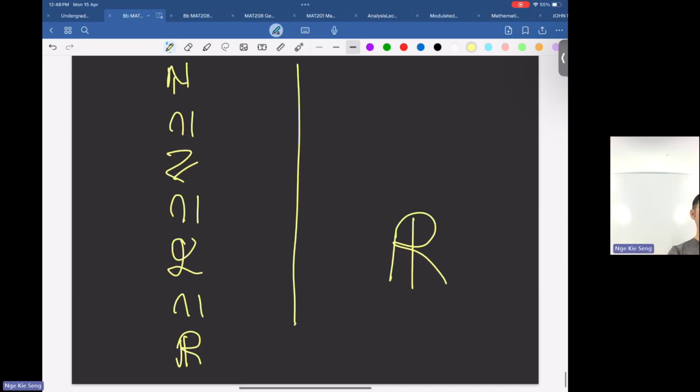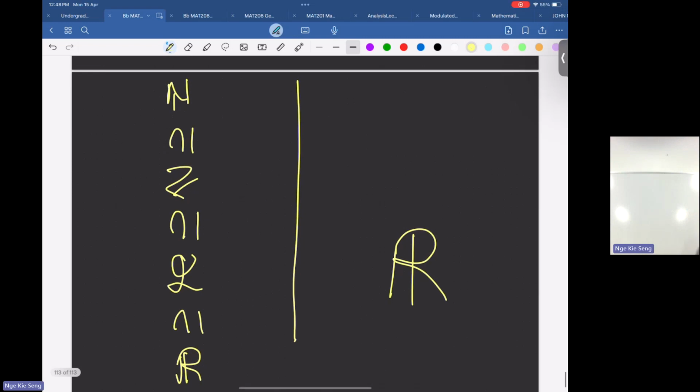Okay, so there are two ways to go about this. One way is we can take the Peano axioms, and then we put in group structure, addition, multiplication. But inside the reals, we have the field axioms, right? Exactly the addition and the multiplication. So we can build like this.